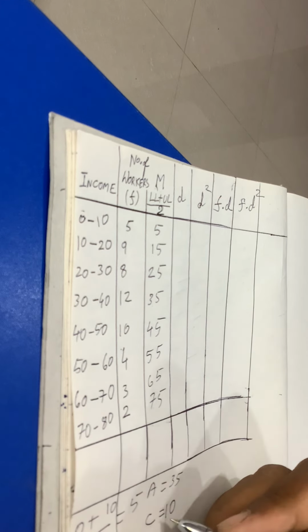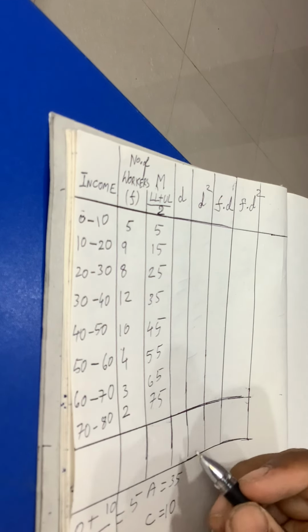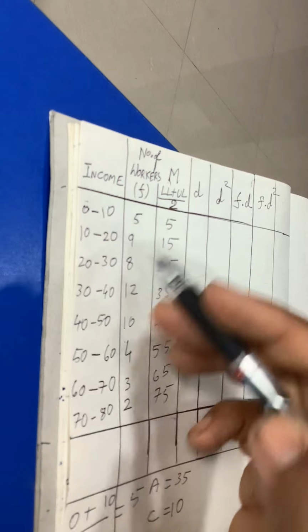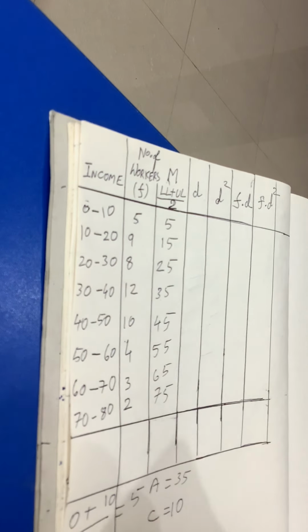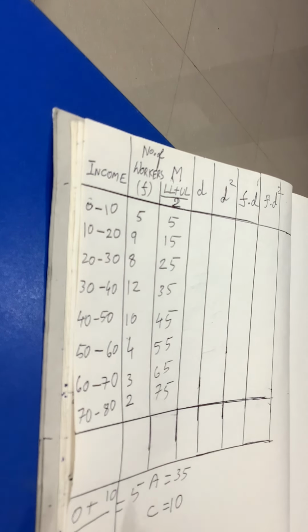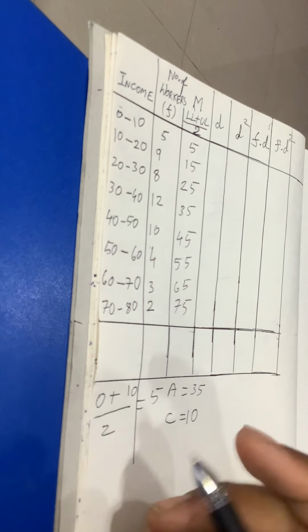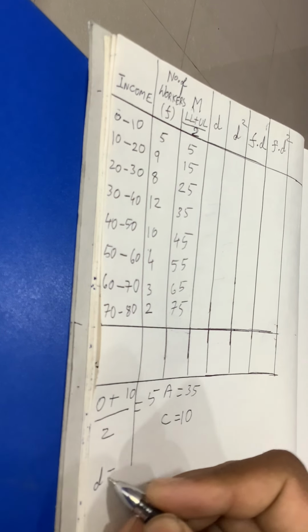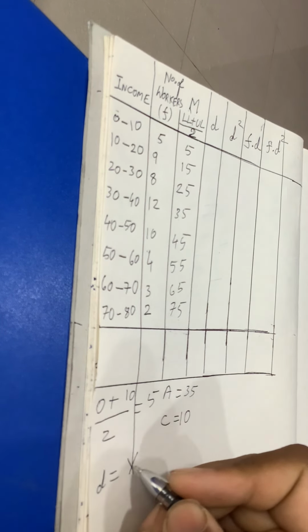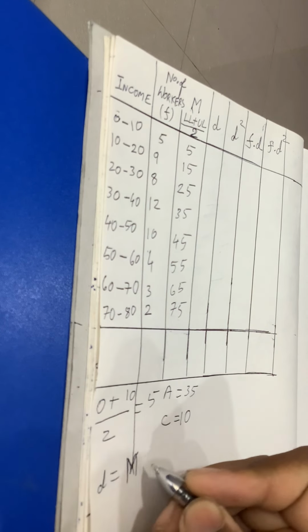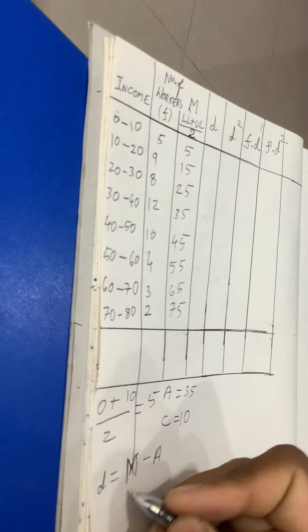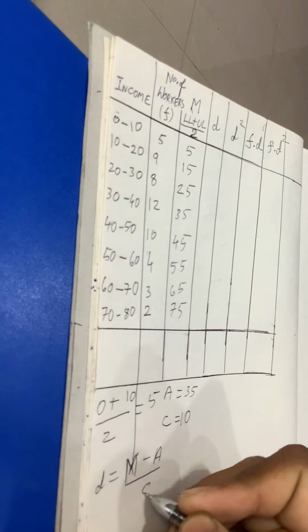Now taking this, we can calculate the deviation for each class interval midpoint. The formula for deviation is D equal to X, or here for us M, minus A divided by C.